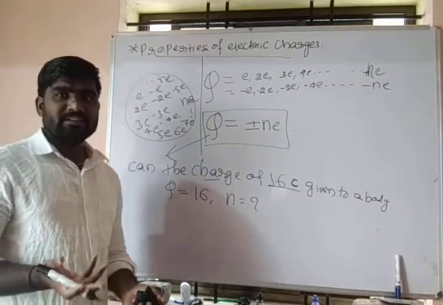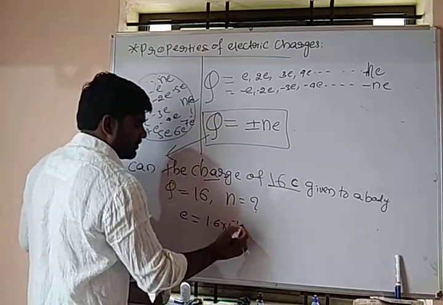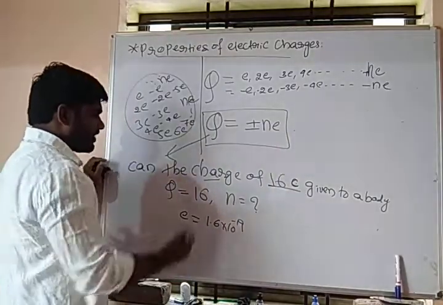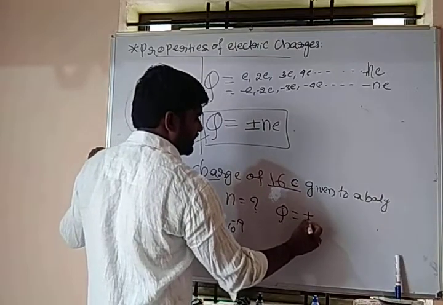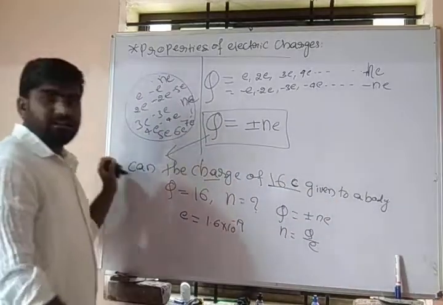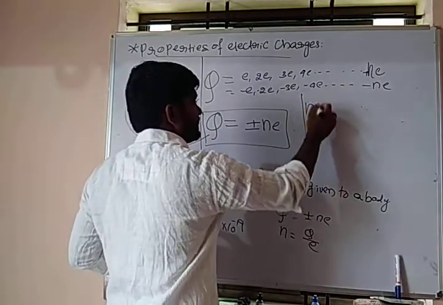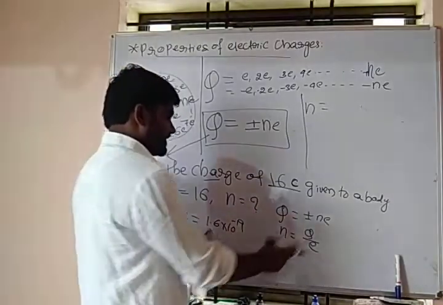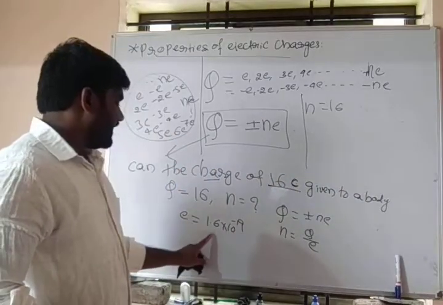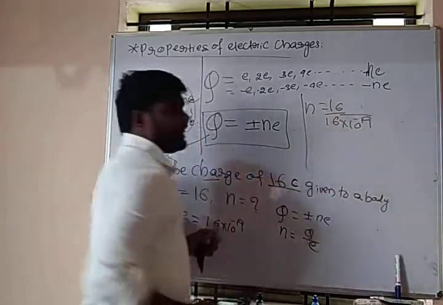E is equal to the charge of electron, so E is equal to 1.6 into 10 to the power minus 19. Then Q is equal to plus or minus Ne. I want N, so N is equal to Q by E. N is equal to 16 divided by 1.6 into 10 to the power minus 19.